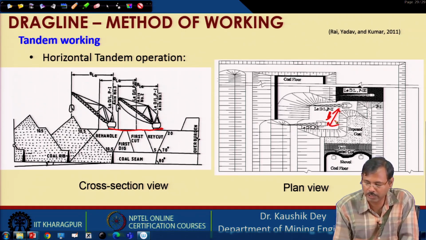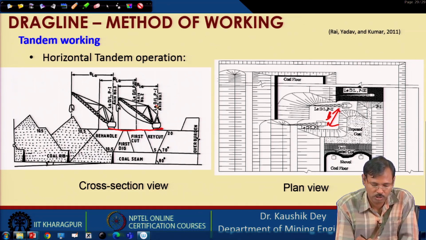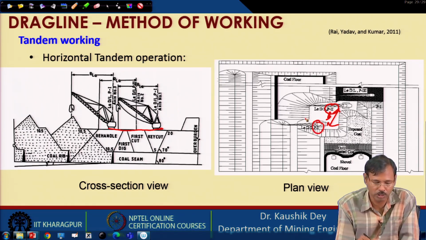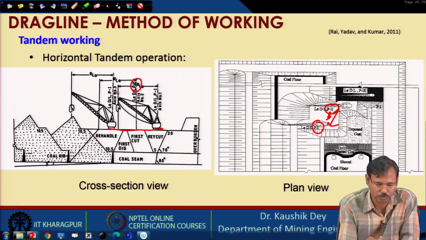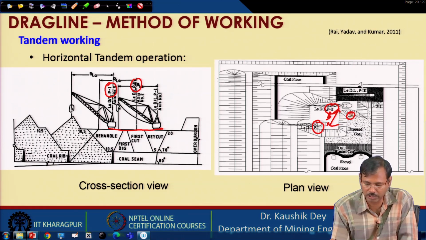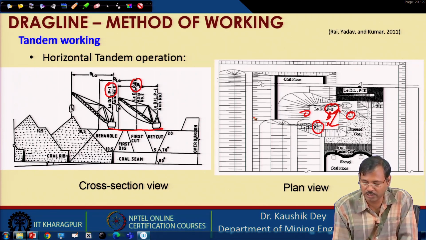Both are standing here, drag line 1 and drag line 2, these are two drag lines. This one is for 2, this one is for 1. So, this 2 is basically taking this material, giving that to the first one, which is shifting that at a further distance.